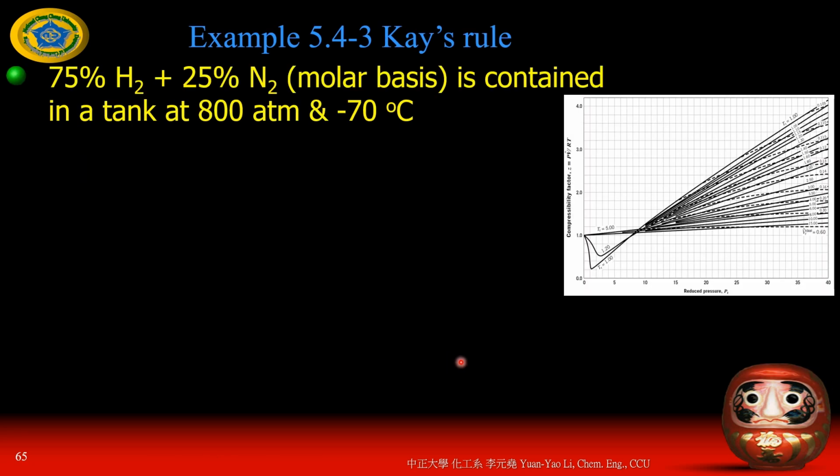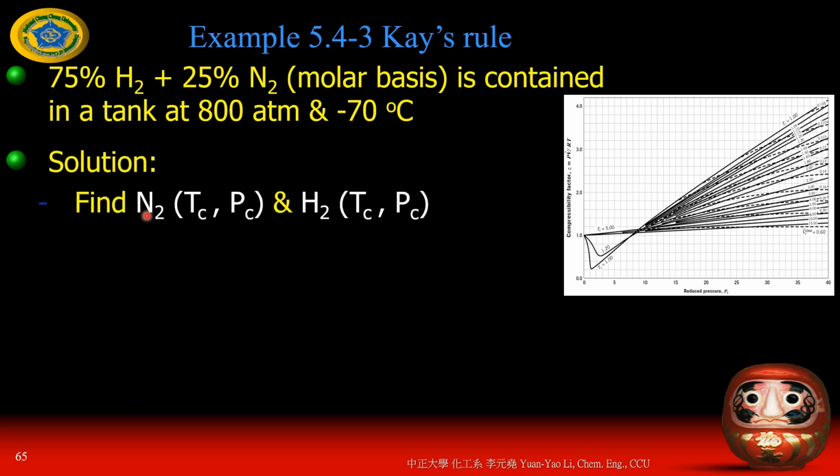Kay's rule. Okay, first, the solution is you have to find out the critical temperature and pressure of the nitrogen, and of course also the critical temperature and pressure of the hydrogen. Remember step 2? Newton's correction.